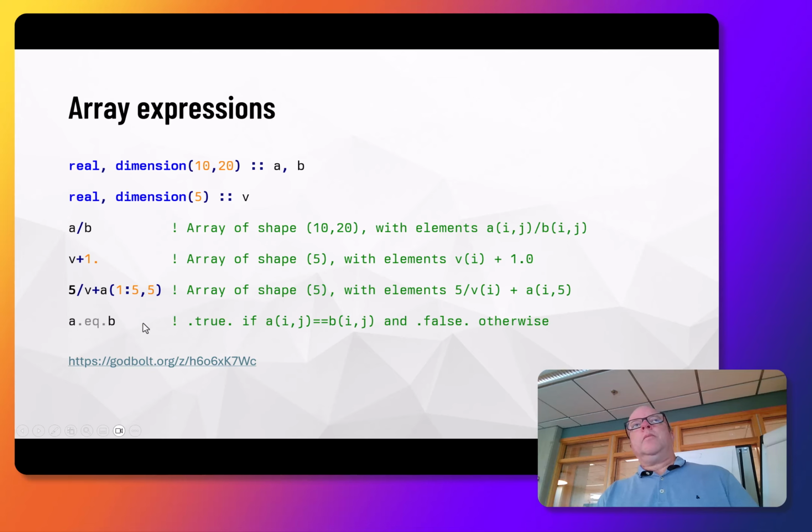And here you have 5 divided by V, so all elements will be 5 divided by the elements in V, and then A plus that array result will be added. We take one slice of A here and add that together. Also, you can do A equals B, and that is true if all Aij and Bij are equal. Otherwise, it's false.